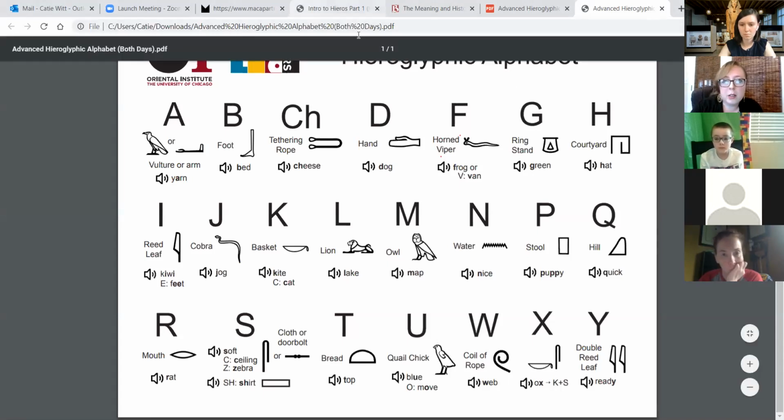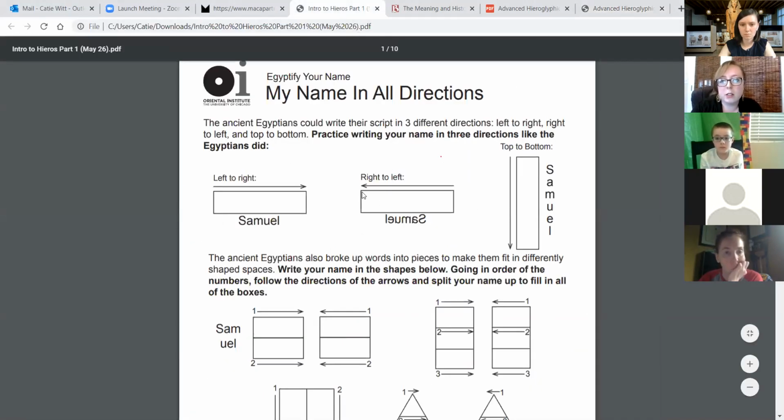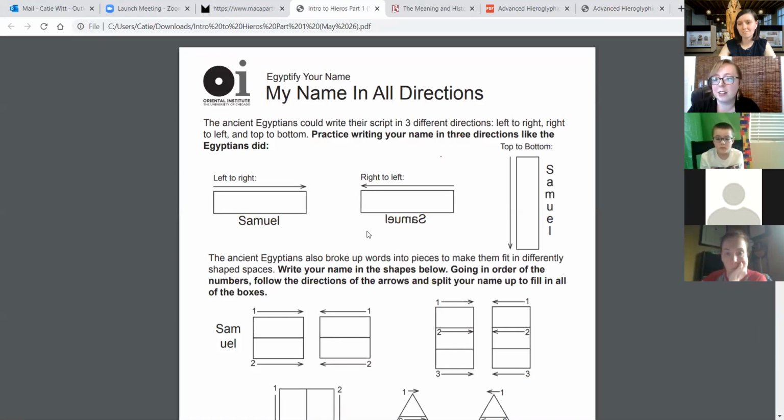But we can write in English letters or Arabic letters, all these different ways. If you want to try practicing how hard it is to write either backwards or up and down, where you stack the letters on top of each other, give it a go.